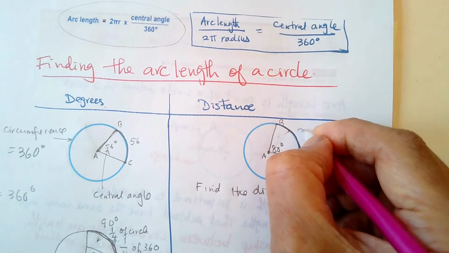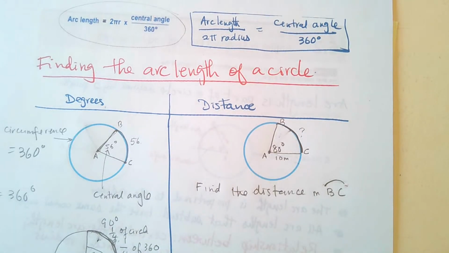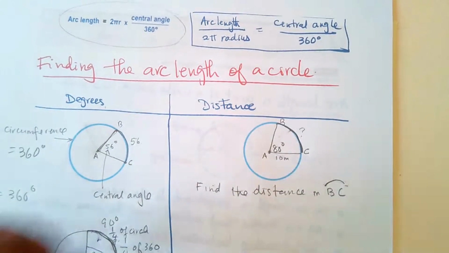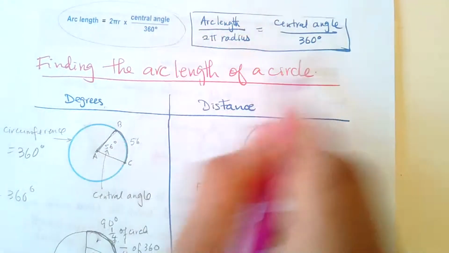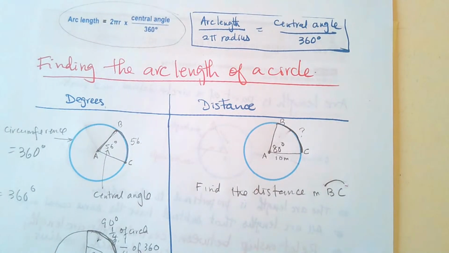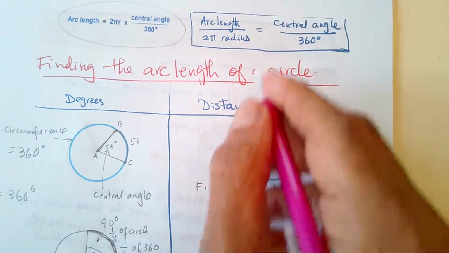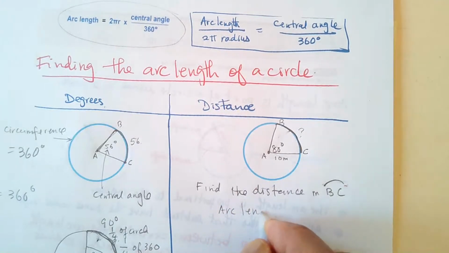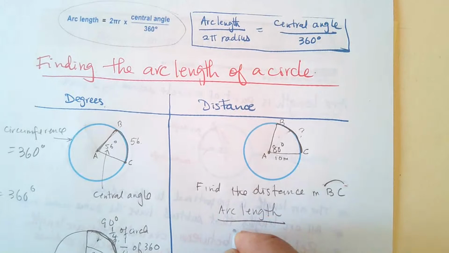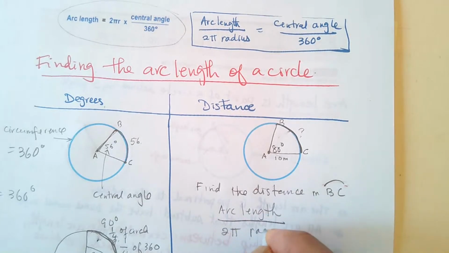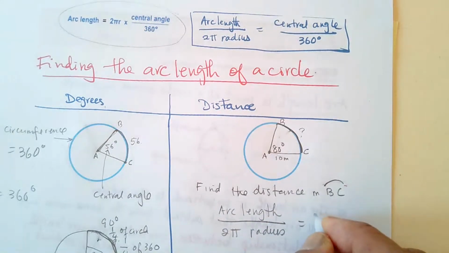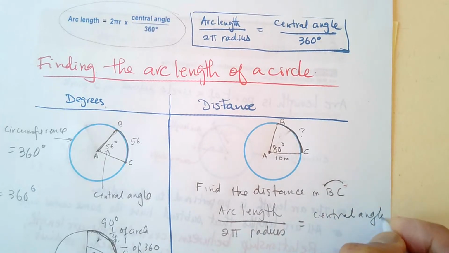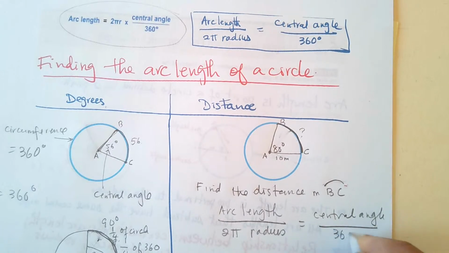And this is where you can either use this proportional one, or you can go straight to the arc length formula. I'll use this one first, because we haven't used it yet. So arc length divided by 2 pi times the radius is equal to your central angle divided by 360 degrees.